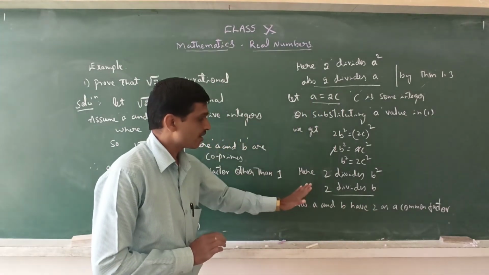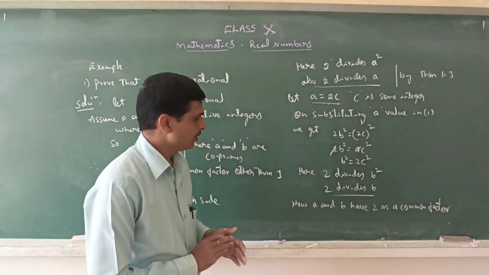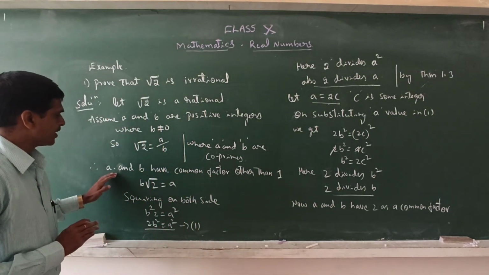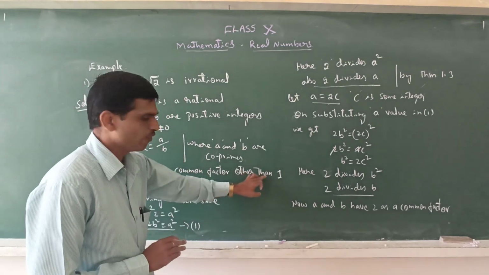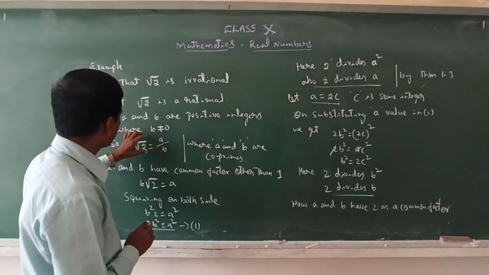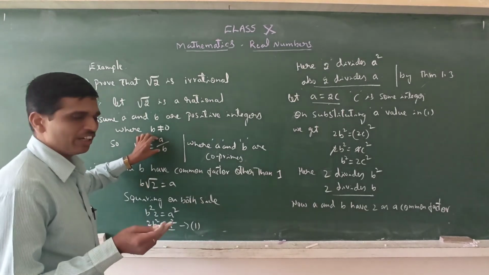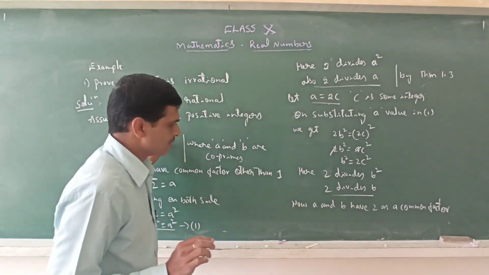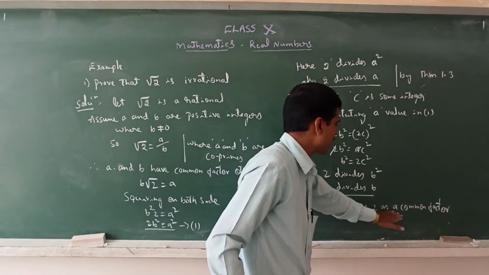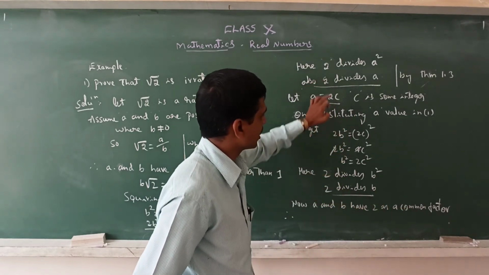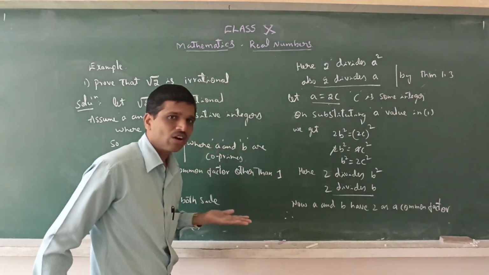But this contradicts our assumption that a and b have no common factor other than 1, since a and b are positive integers. Because of these statements a and b have 2 as a common factor, but our assumption is wrong.